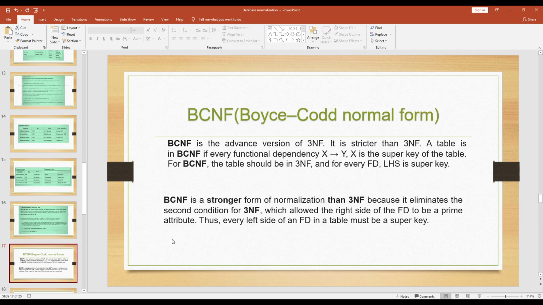BCNF is a stronger form of normalization than third normal form because it eliminates the second condition for third normal form, which allowed the right side of the FD to be a prime attribute. Thus, every left side of an FD in a table must be a superkey.